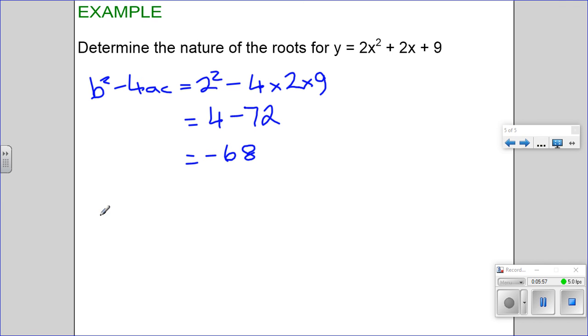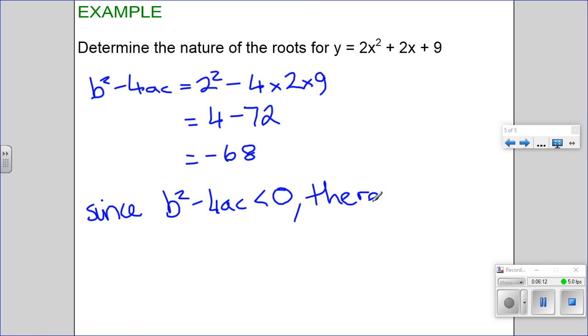So we've come out with a negative discriminant, so we would say since b squared minus 4ac is less than 0, there are no real roots. And again, you can graph this and you can see clear as anything, it does not cross the x-axis, nor will it ever cross the x-axis.